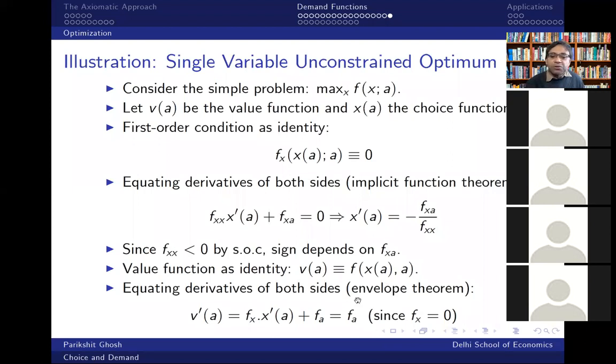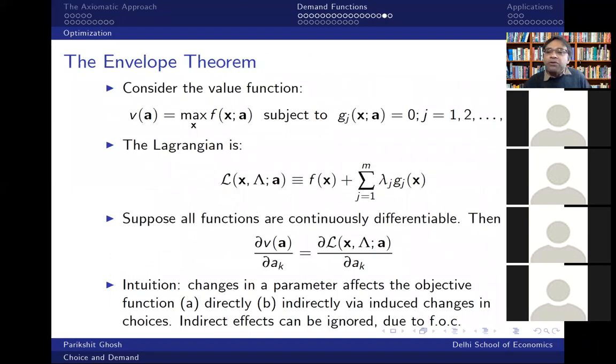That's why I gave you the proof for the simple case of unconstrained optimization of a single variable. And then I will rely on your goodwill to believe me that the more general form of what we just proved for the simple problem is this, and it is valid. If you challenge me to prove the envelope theorem for the most general case, I will take a rain check on that. Watch the maths course. They'll probably prove it there.